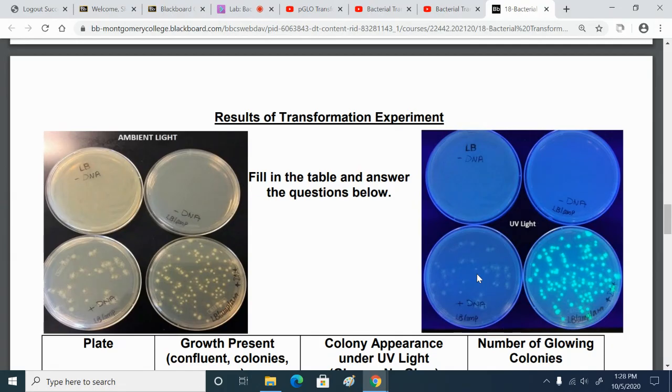It comes from the E. coli, right? Because they have the plasmid inside them, and the plasmid has the ARAC gene on it, so the E. coli are making the ARAC protein.